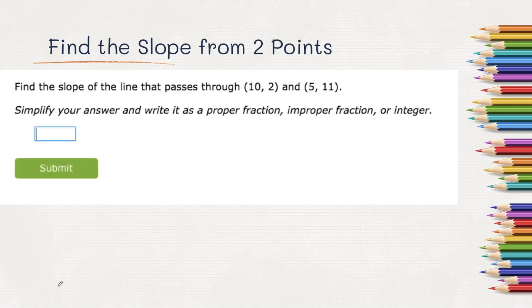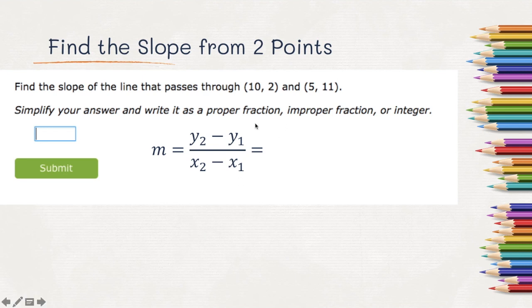How do you find the slope with 2 points? Remember, there is a formula. M equals y2 minus y1 divided by x2 minus x1. So what is x1 and what is x2 and y1, y2?